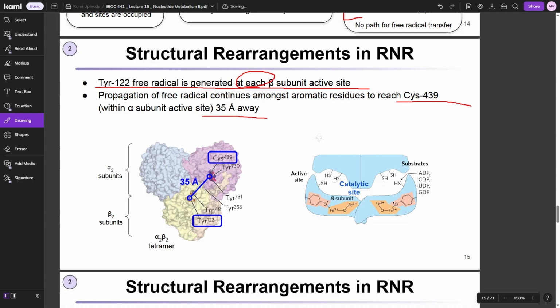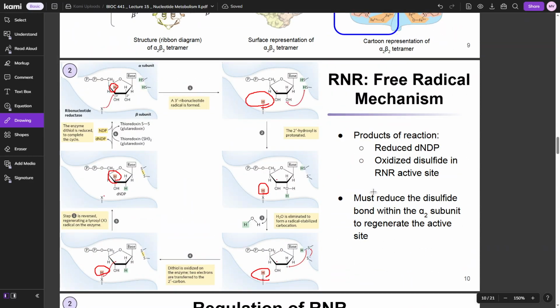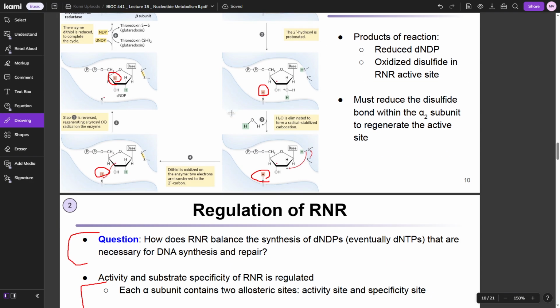So basically the tyrosine generates this free radical, and that goes into the cysteines that we've talked about. I kind of mentioned it briefly up here a little bit. But you get the idea.